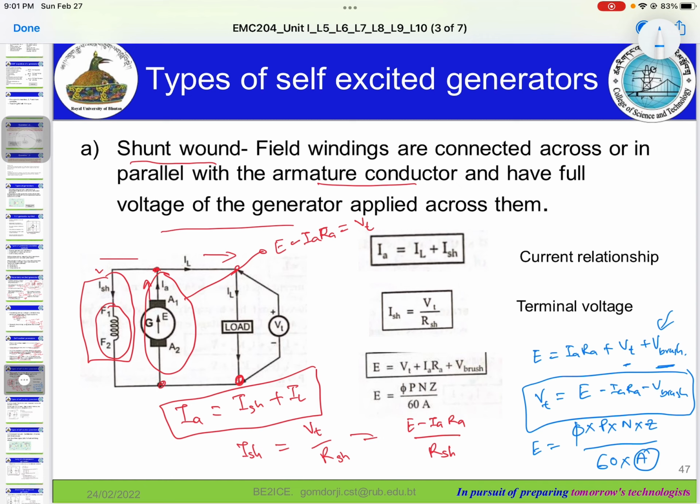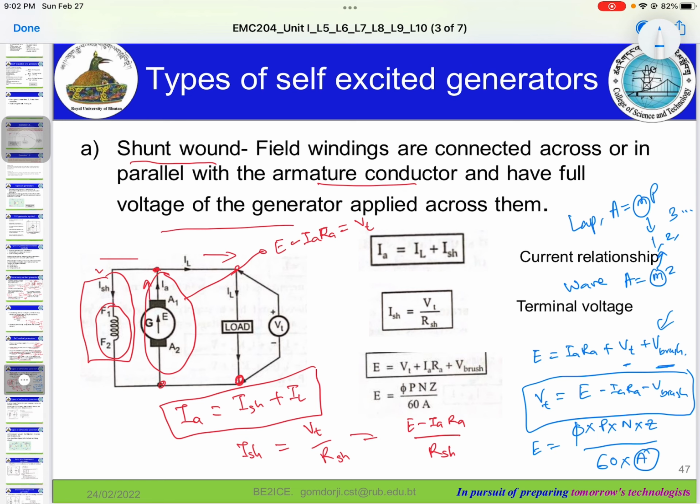If it is lap winding, your parallel path will be equal to m times p, where m is the multiplexity of the winding: simplex is 1, duplex 2, triplex 3, and so on. For wave winding, A will be m times 2, where m is again the multiplexity.